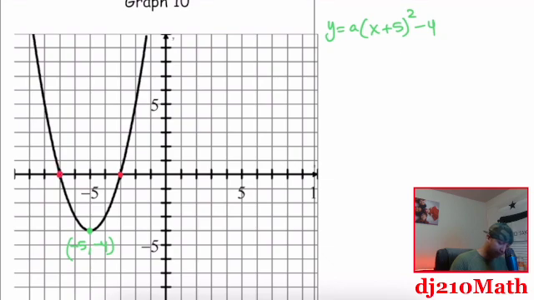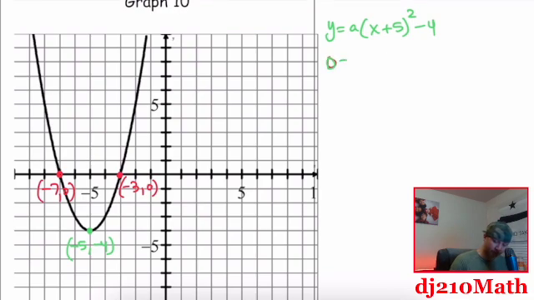These have some nice x-intercepts. This is -3, and this is -7. Well, 3 is smaller than 7, so I like that one. So x is -3, y is 0. This is comma 0.